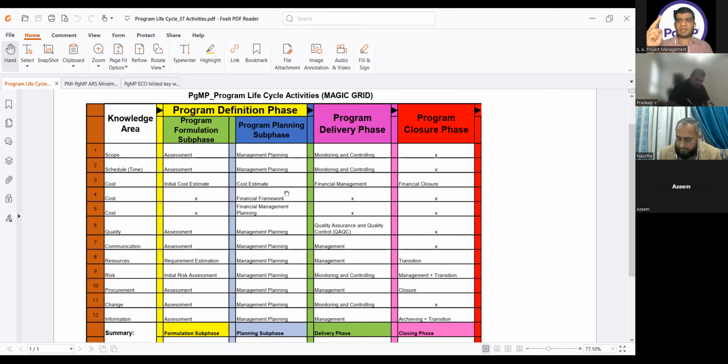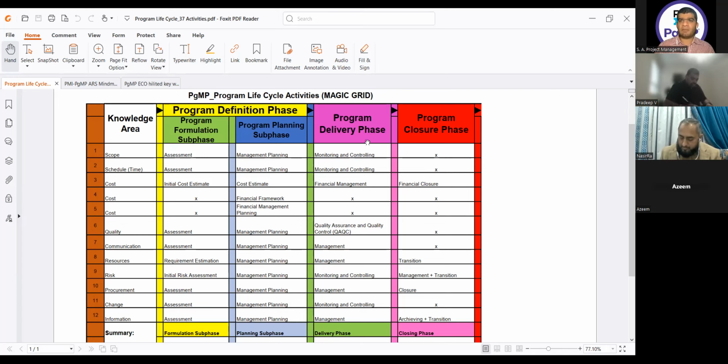The second activity is financial framework establishment. And number 3, we have financial management planning.